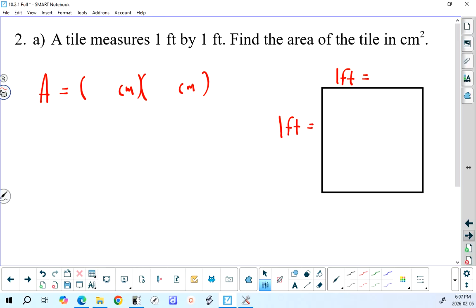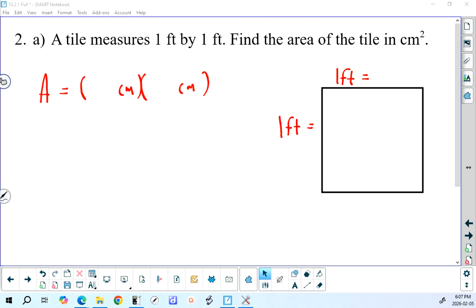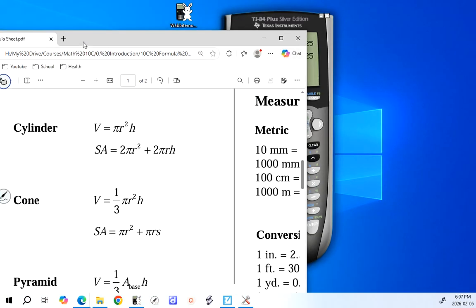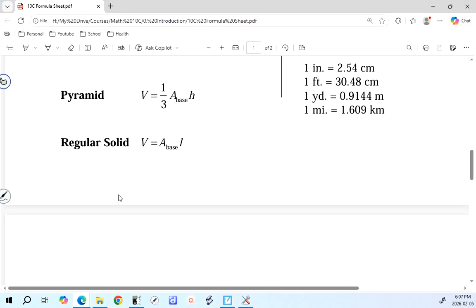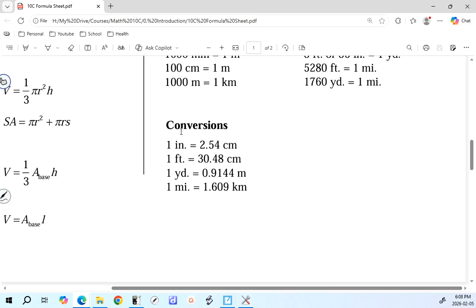So we're back in chapter 1 now. Luckily, at the bottom of your formula sheet, you will discover that there is, in fact, a statement near the bottom of the screen here in the center that says 1 foot equals 30.48 centimeters.